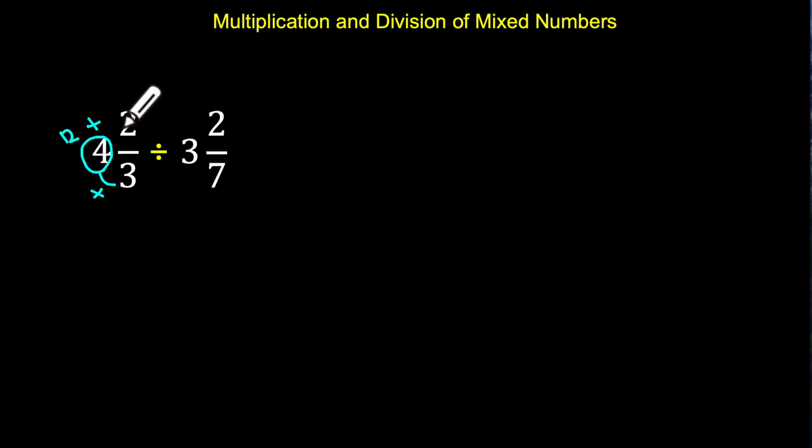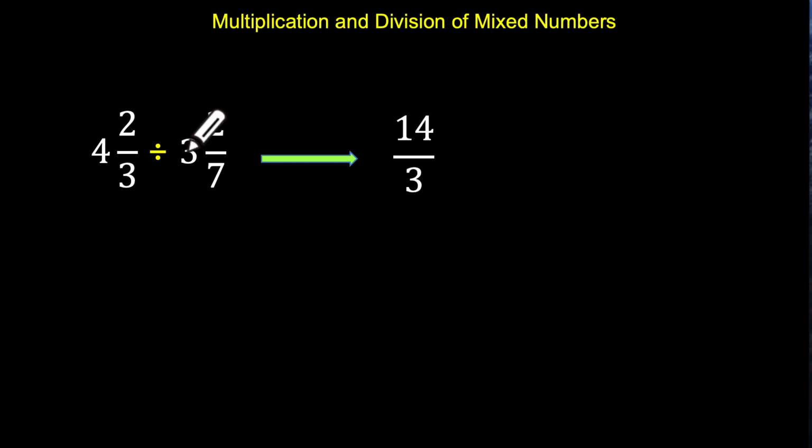Then adding the numerator, which is 14. So we have 14 over 3. And here we have 3 times 7 equals 21, then adding 2 equals 23. So 23 over 7 is our improper fraction.